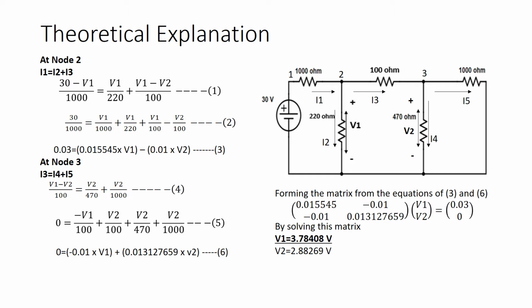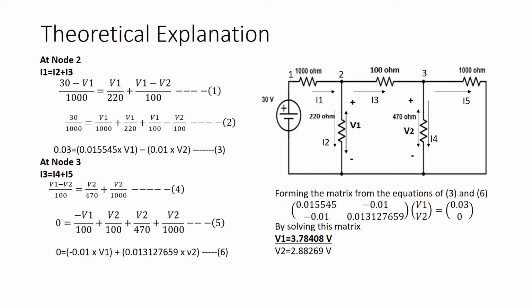At node 3, the KCL equation will be I3 is equal to I4 plus I5. Using node voltages and the resistors, (V1 minus V2) by 100 is equal to V2 by 470 plus V2 by 1000.